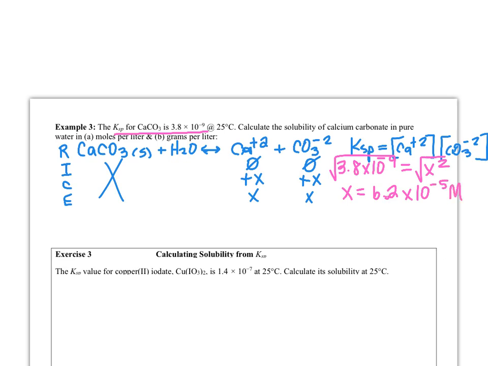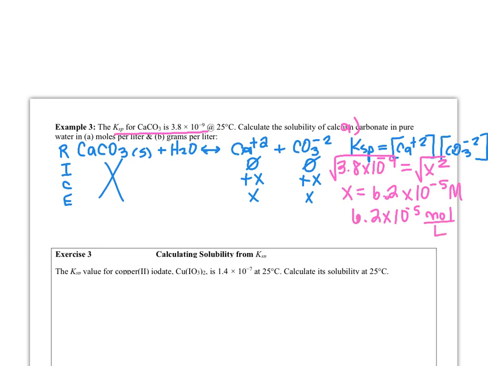And that's going to be molarity, or molar, right? And so that answers actually question A because this is moles per liter. So that's the same as saying 6.2 times 10 to the -5 moles per liter.